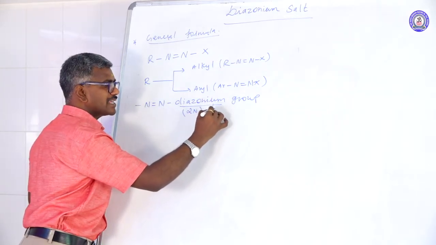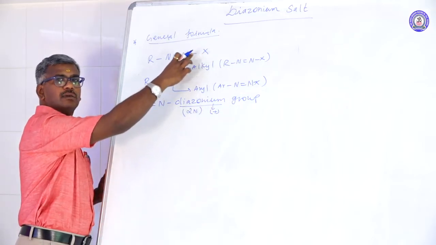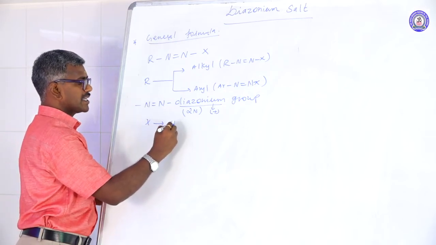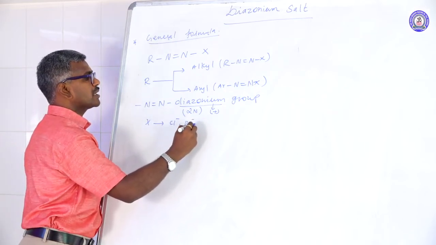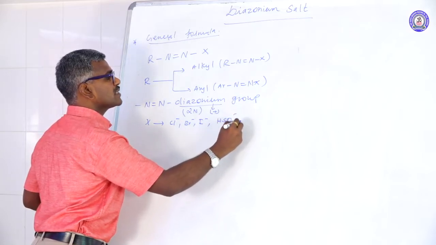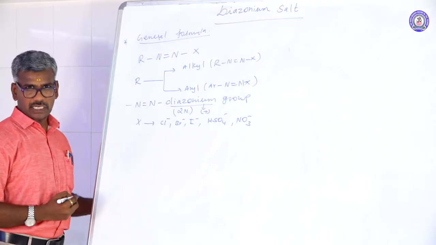Ionium means which carries the positive charge. Another one, X is the leaving group: Cl minus, Br minus, I minus, HSO4 minus, NO3 minus. These are the general formula.